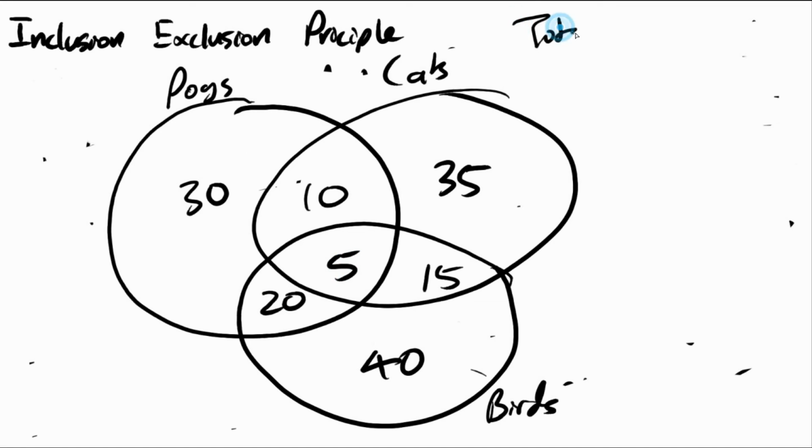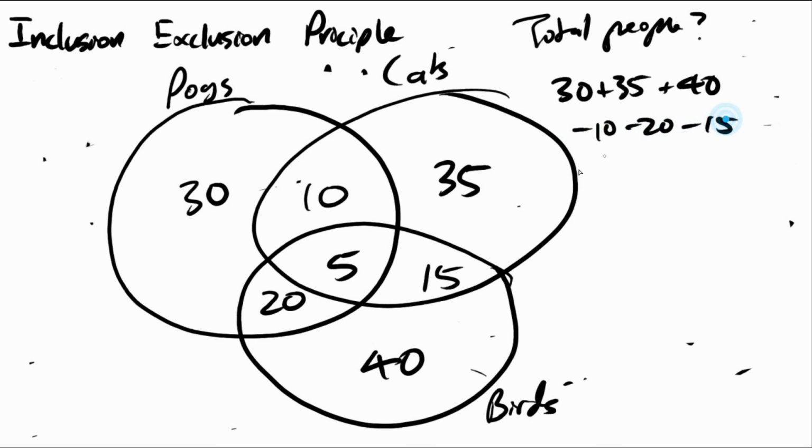Well, we can really just use the rule on this. First we add all of the people who like dogs, cats, and birds, so 30 plus 35 plus 40. Then we subtract the people who like dogs and cats, the people who like dogs and birds, and the people who like cats and birds. So minus 10, minus 20, minus 15.